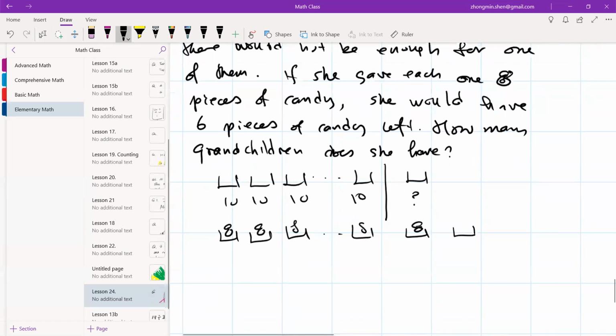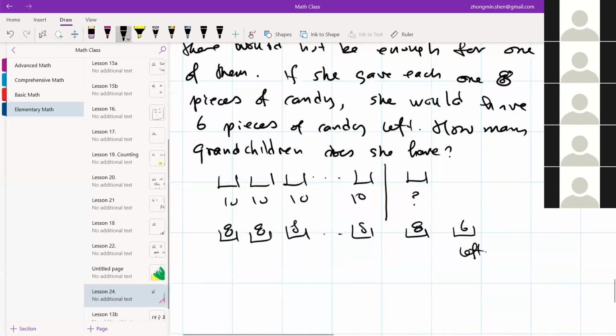Then 6 pieces are left, extra. What is left is actually 6 pieces. All right, now you have to solve the problem. Okay, so that's a picture, right? Do the comparison.